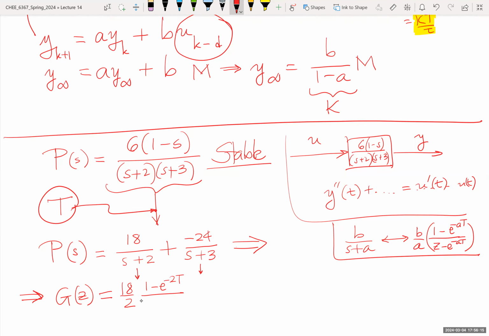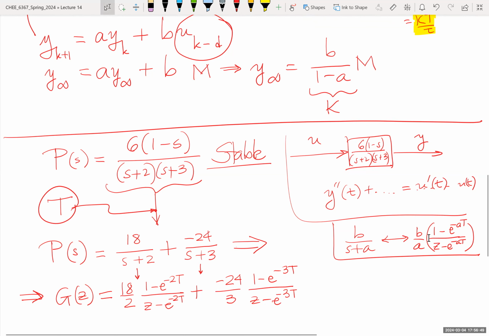Excellent. Negative 2T. And the other term is? 1 minus e to the negative 3T divided by z minus e to the negative 3T. Very good. And by simply looking at this formula here, we can tell immediately.